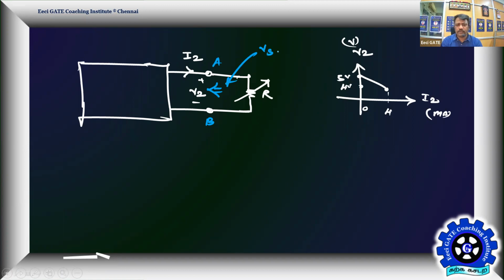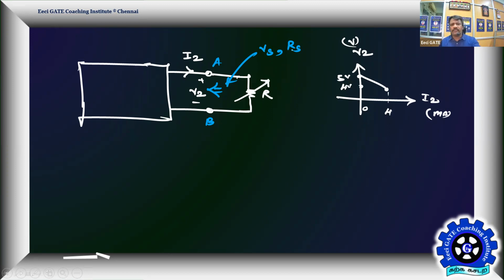I am modeling the rest of the circuit as a practical source of Vs and Rs. That is equivalent to Thevenin's. We are Theveninizing the entire circuit looking from terminals A and B. But for that, you need to disconnect your R, and there is a problem: if you disconnect R, the current is always going to be zero.